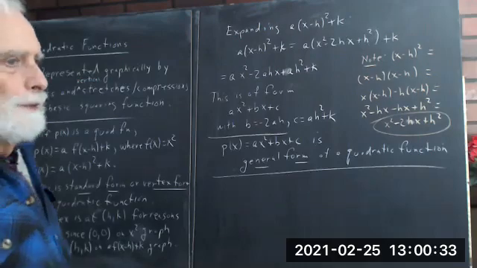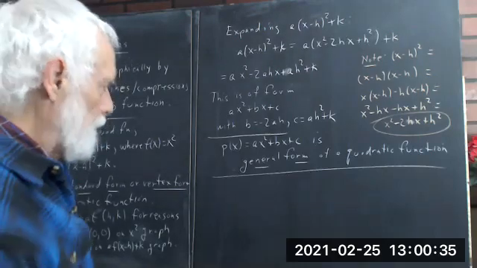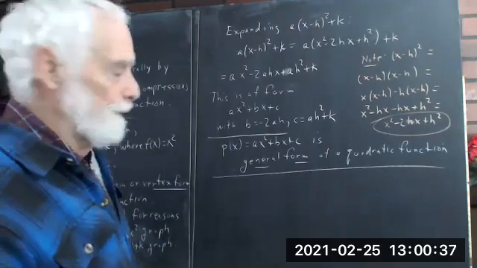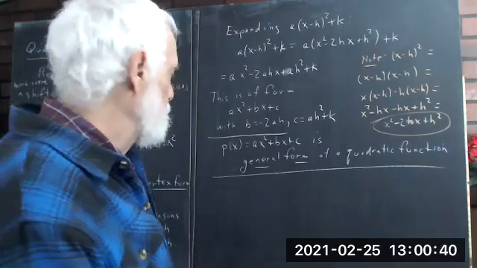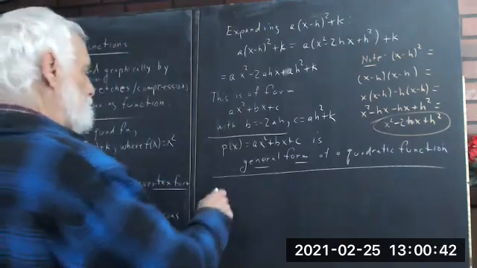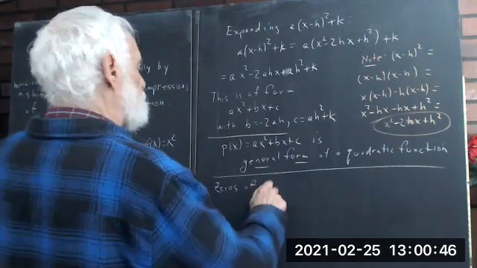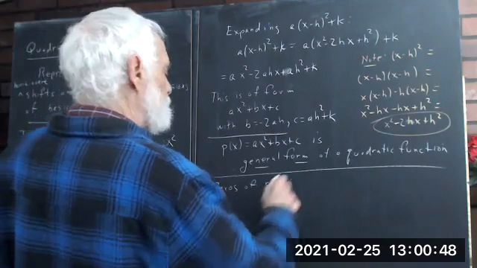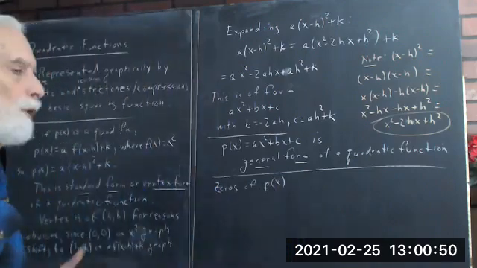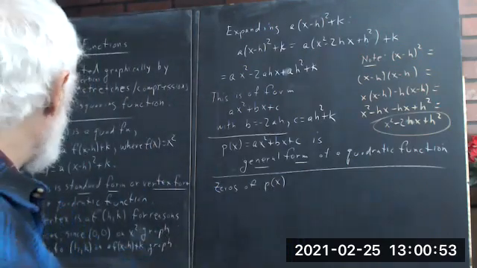Now we're interested in the zeros of the function. Okay, what are the zeros of this function? Well, there are two ways you can find the zeros.